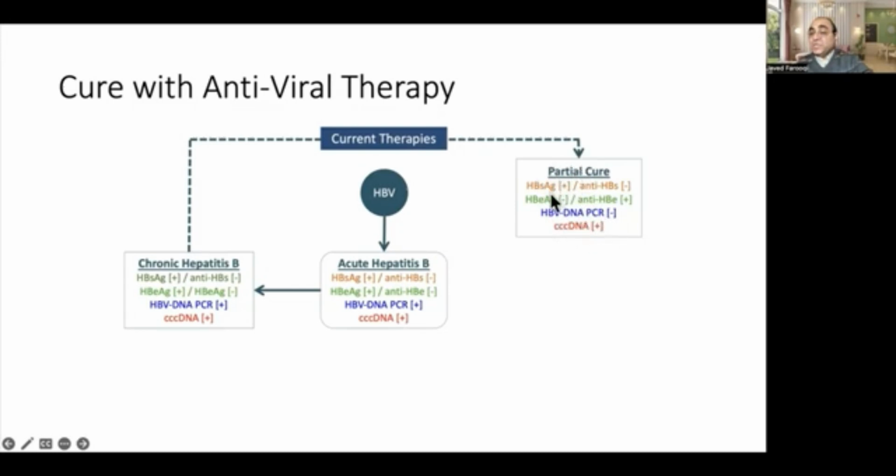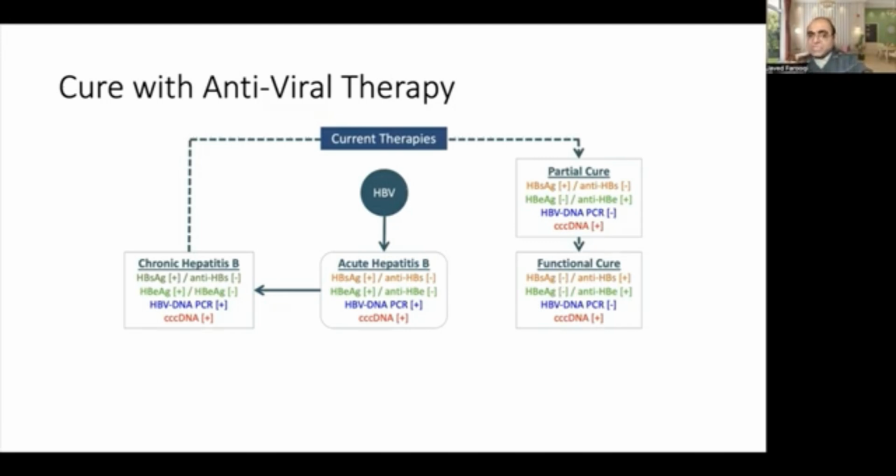Partial cure means when there is HBeAg seroconversion and DNA PCR becomes negative. The functional cure will be when, in addition to the negative PCR and HBeAg seroconversion, there is also HBsAg seroconversion. This is what we can get with the current therapy, especially with pegylated interferon.